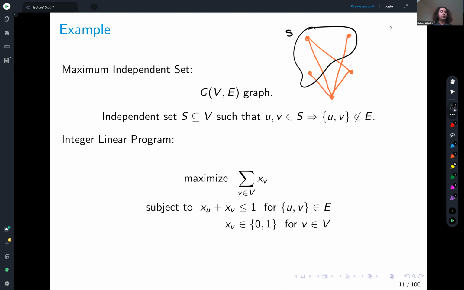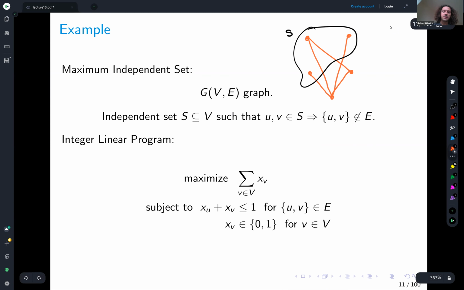Okay, so this is the maximum independent set problem. And here's an integer linear program for it. So what do we do? What do we want the variables to encode? We're going to maximize the sum of x_v, where v is an element of the vertex set.